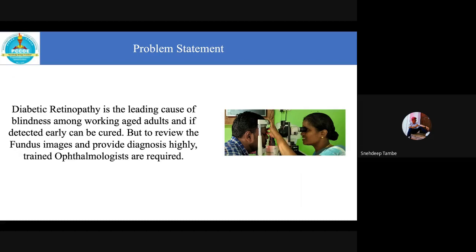Our problem statement is that diabetic retinopathy is the leading cause of blindness among aged adults, and if it is detected early, it can be cured. But to review the fundus images and provide diagnosis, highly trained ophthalmologists are required.